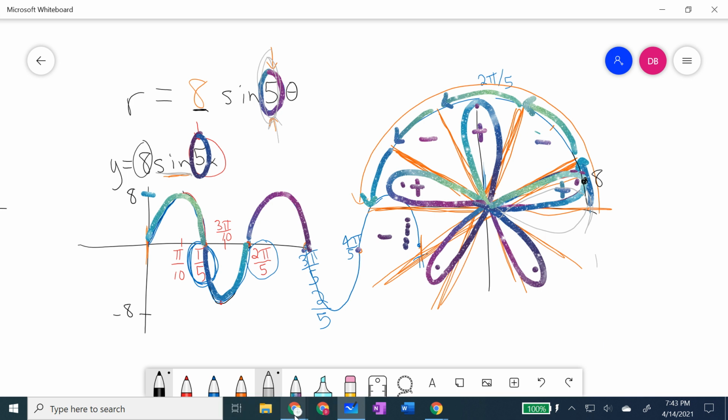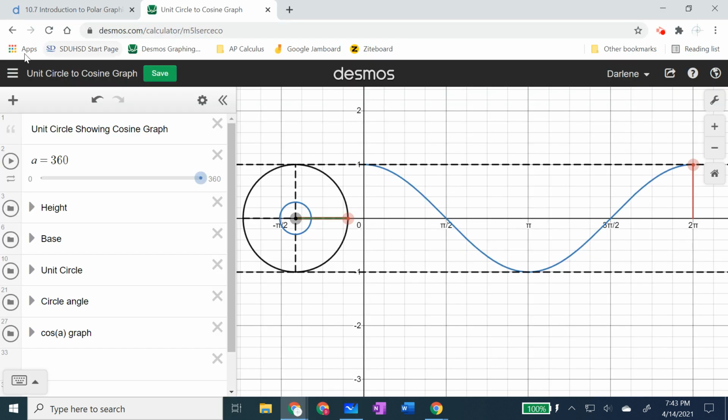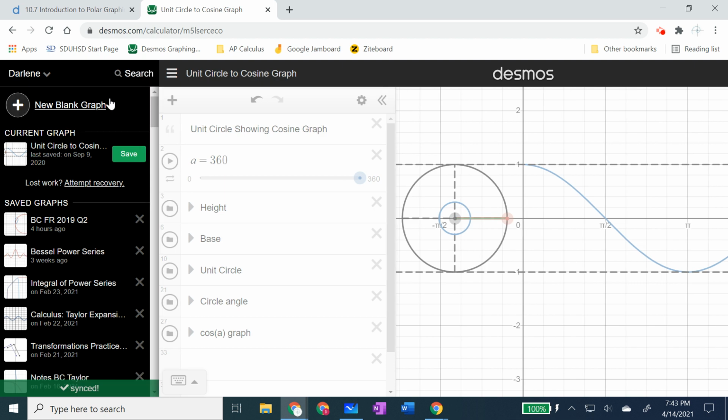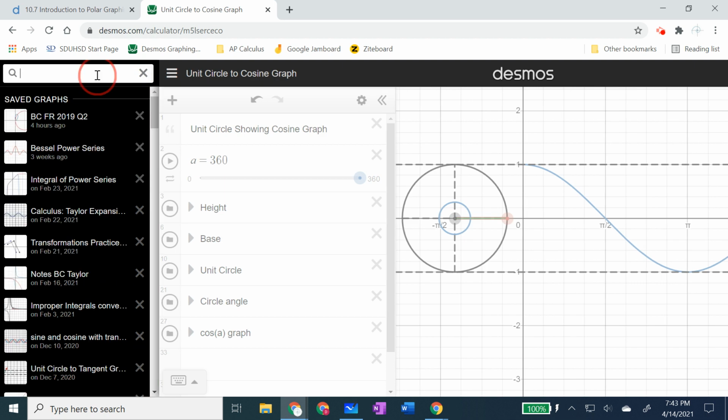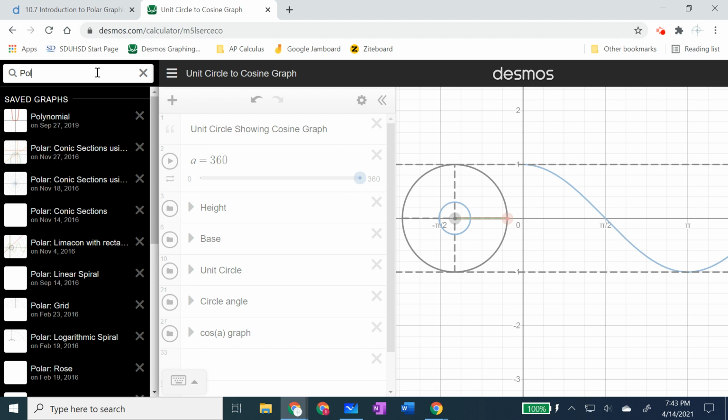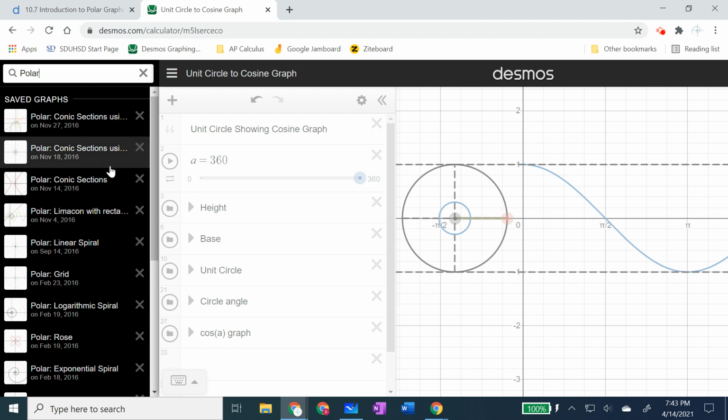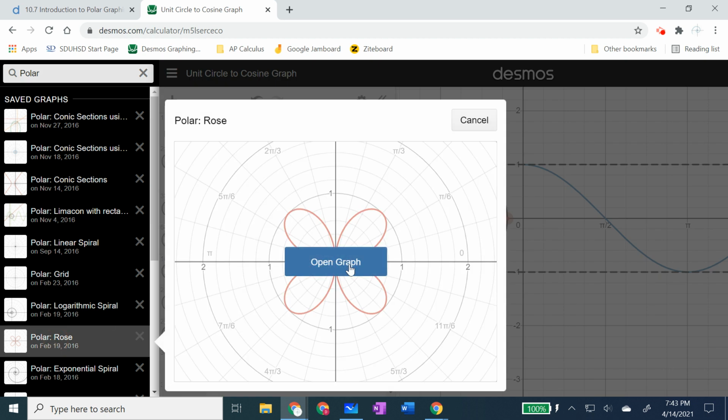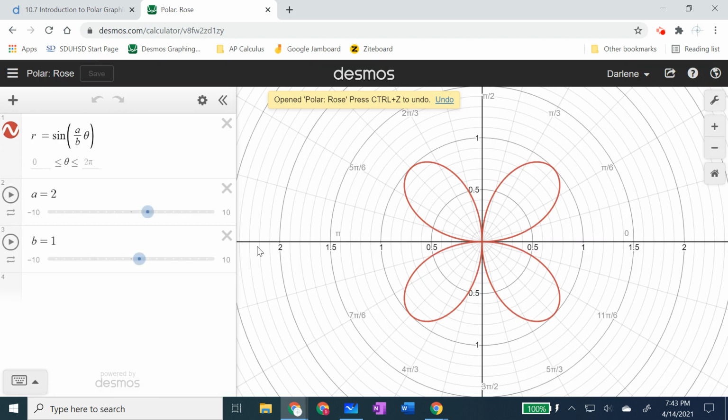And let me go ahead and grab Desmos because I have some other things that I can share with you. Let's see, which one do I want to do? So this is actually looking at a rose curve, but with fractions.